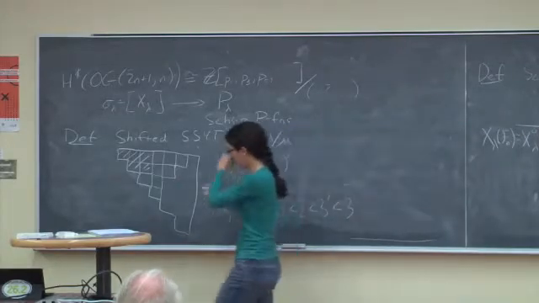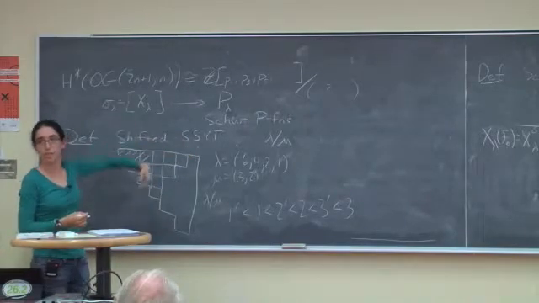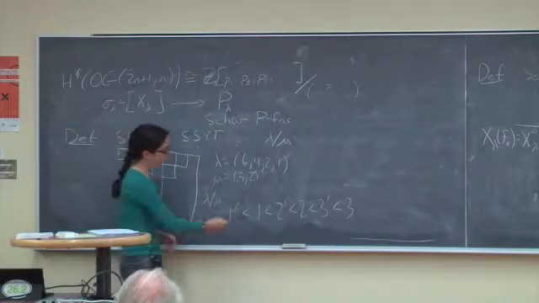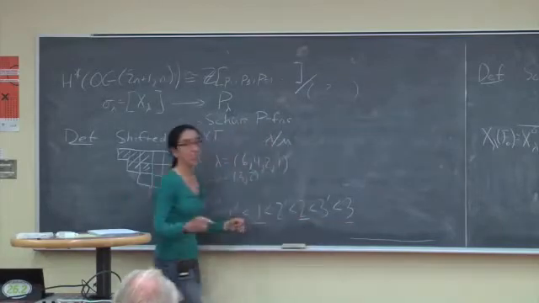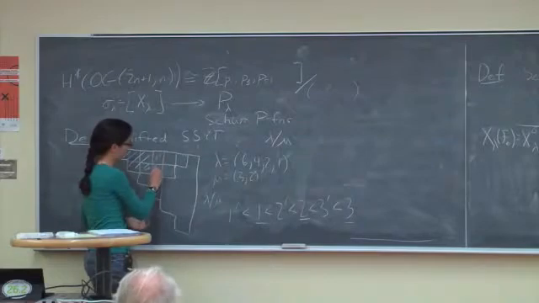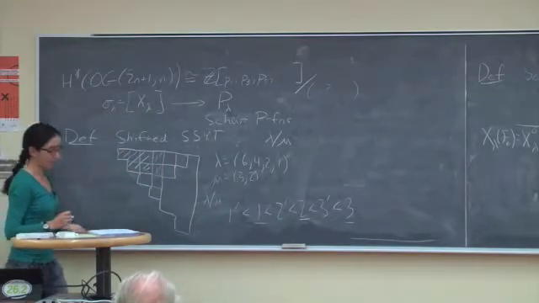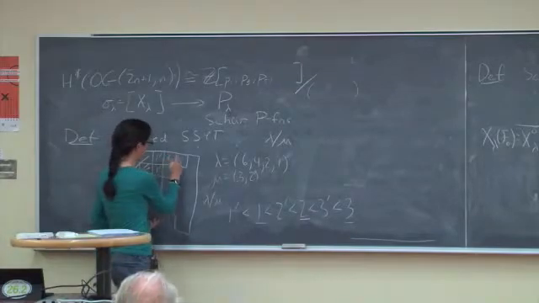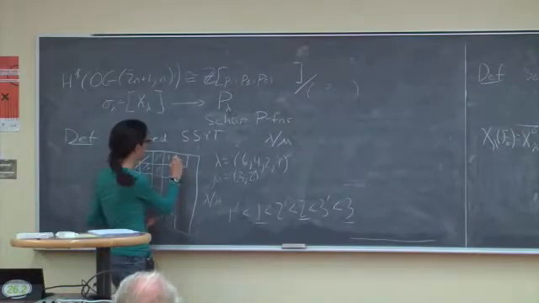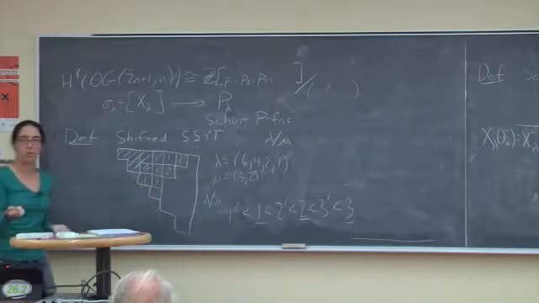And they have another rule. Semi-standard usually means it's weakly increasing across rows, strictly increasing down columns. Well, that's true for the unprimed entries. But then we have primed entries too, and those actually have the opposite rule. So I'm allowed to put two 1' in the same column, but not in the same row. But I can put two 1s in the same row, but not in the same column.